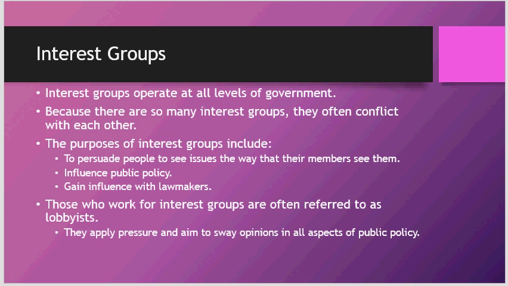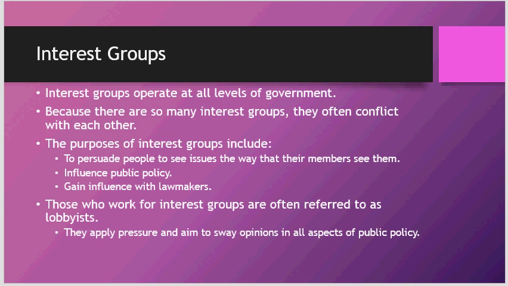They also want to gain influence with those lawmakers, so that if Bob is really cool and he is helping fund your campaign, you might lean towards Bob's ideas when it comes to voting on something, like a law. Not exactly the most ideal way of doing things, but it is very, very common.